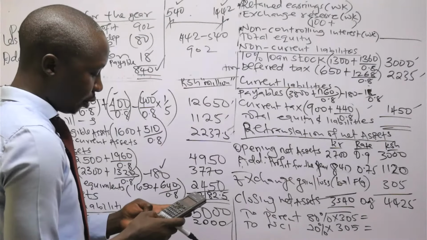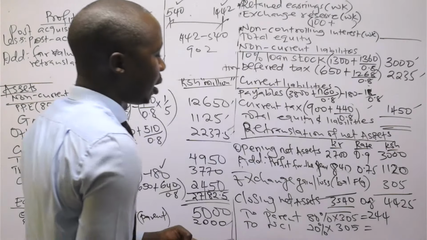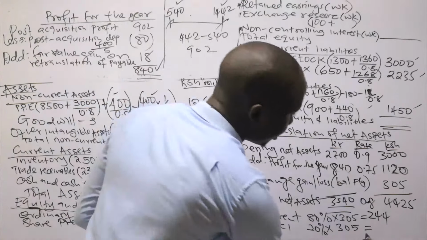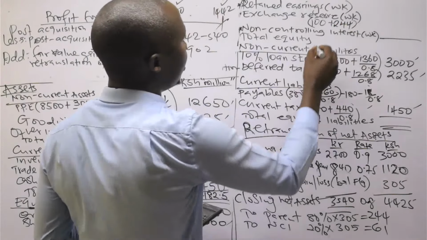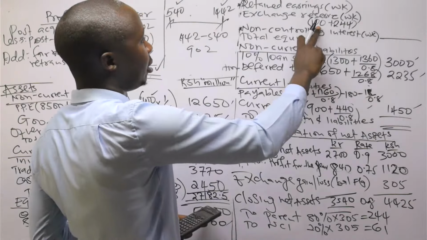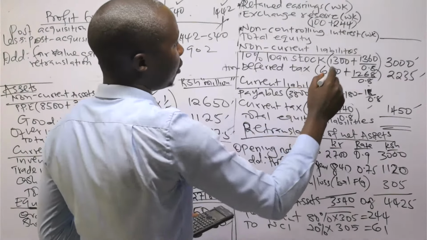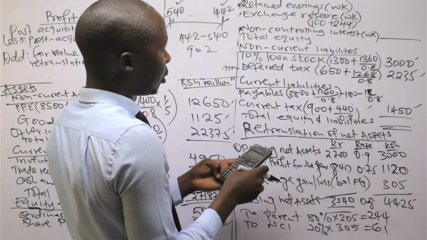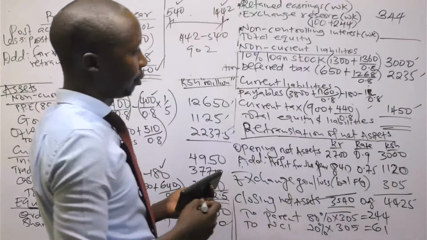So 80% of 305 is 244, and 20% of 305 is 61. So the parent will be taking 244. So we have the exchange gain from goodwill of 100 and from the net assets of 244, giving us a total of 344. Yes, the exchange reserve is 344.